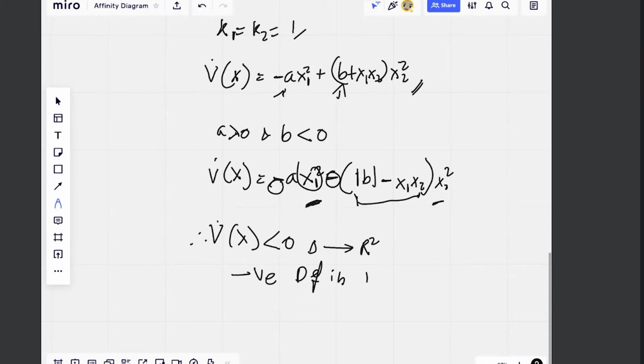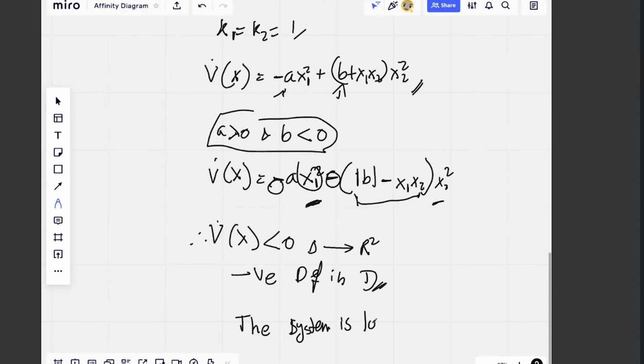So it is negative definite in the domain D. Since it is negative in D, we can tell the system is locally asymptotically stable, because it is only within a certain boundary. The system is locally asymptotically stable.